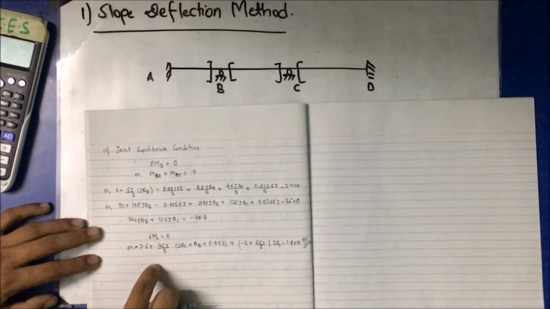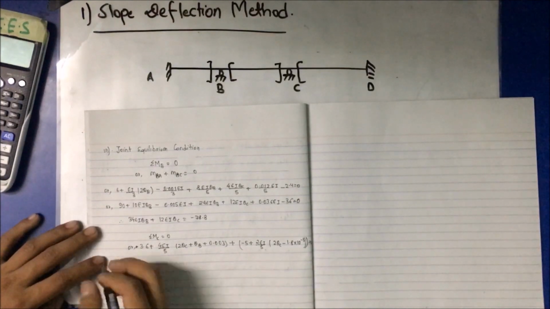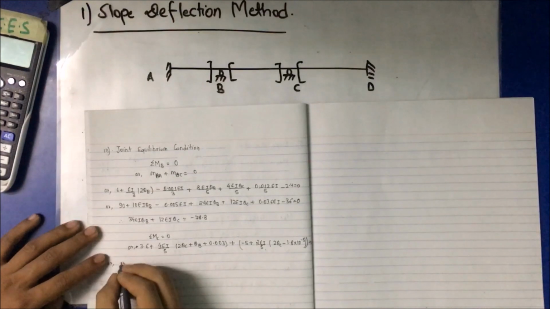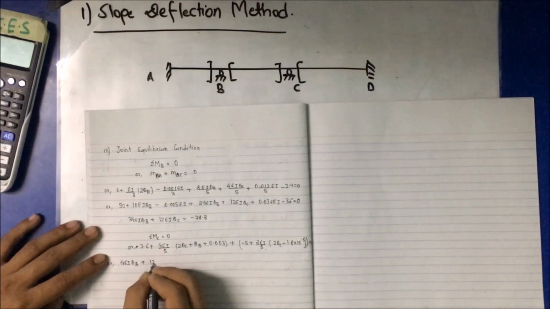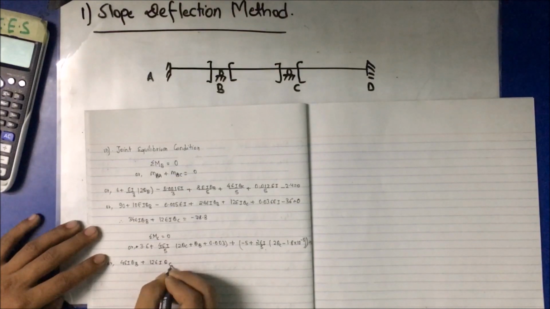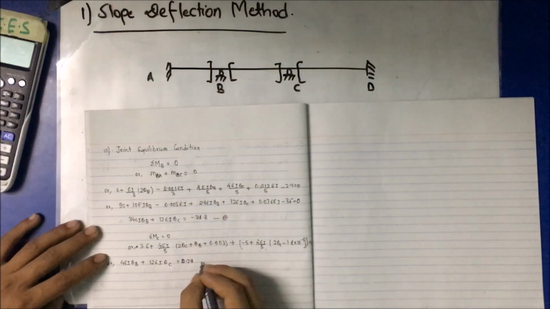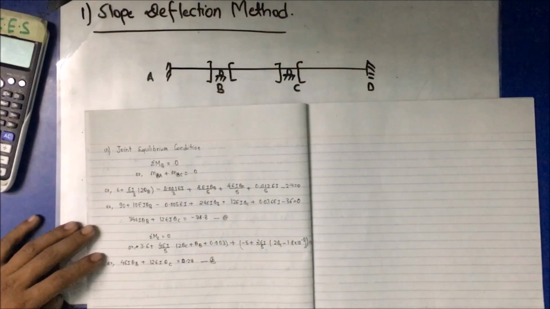So this is the joint equilibrium condition at C. On further simplification, I get 4 EI theta B plus 12 EI theta C is equal to 0.28. Equation A and equation B.